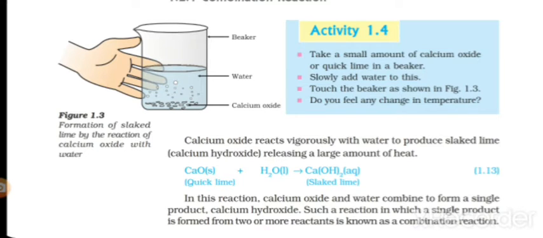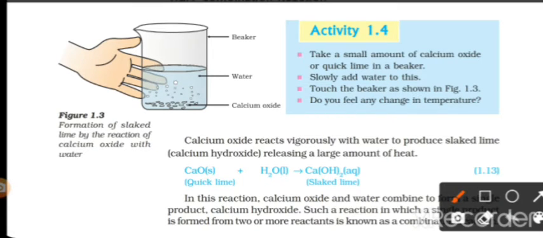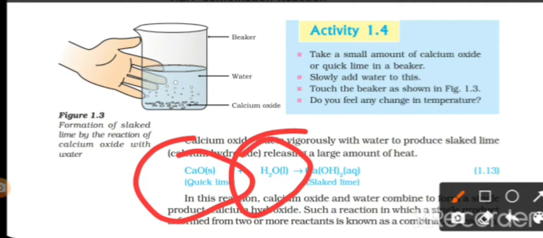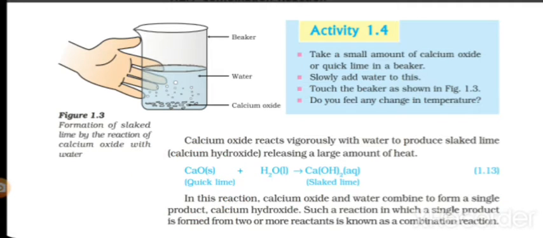Here the example which is given is calcium oxide solid plus H2O, that is nothing but water. This is calcium oxide and this is H2O. Both of them combine and they make Ca(OH)2, that is nothing but slaked lime.